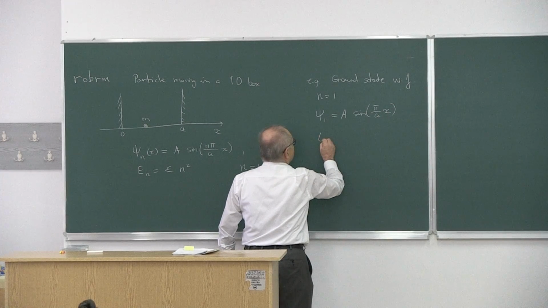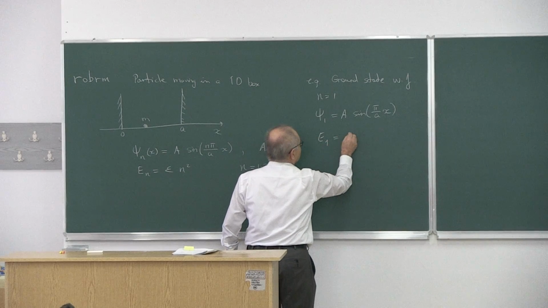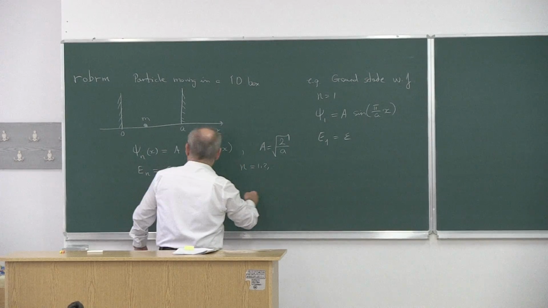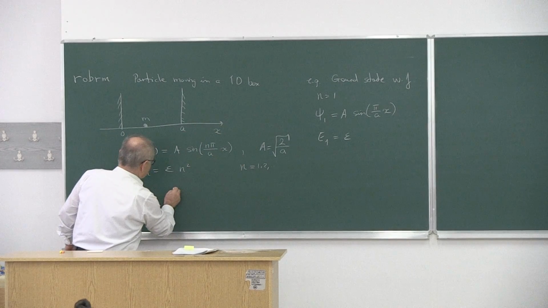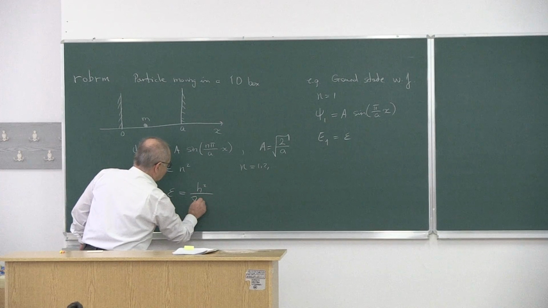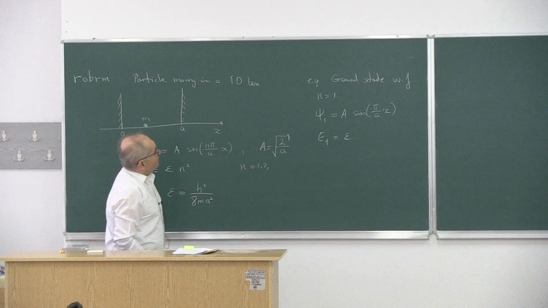And the ground energy level is simply E1. Let us also remember that E1 is h square over 8 times m a square. So, okay.